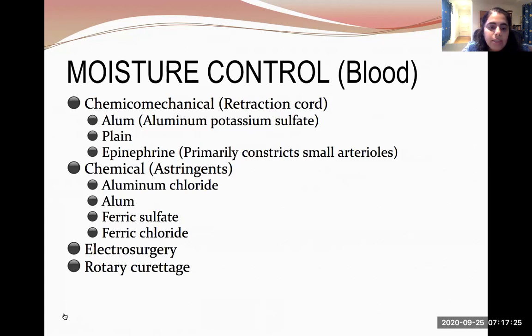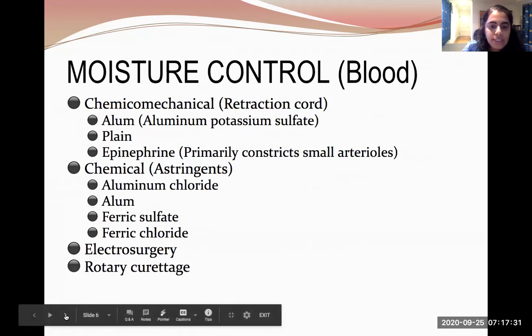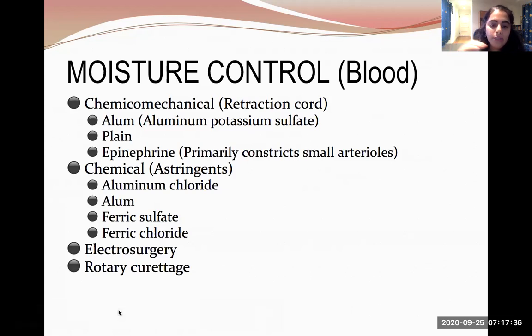Alum is aluminium potassium sulfate. Hemostatic agents that inhibit the intercapillary plasma protein immigration and disrupt bleeding through vasoconstriction and precipitation of tissue proteins on the superficial layer of the mucosa.